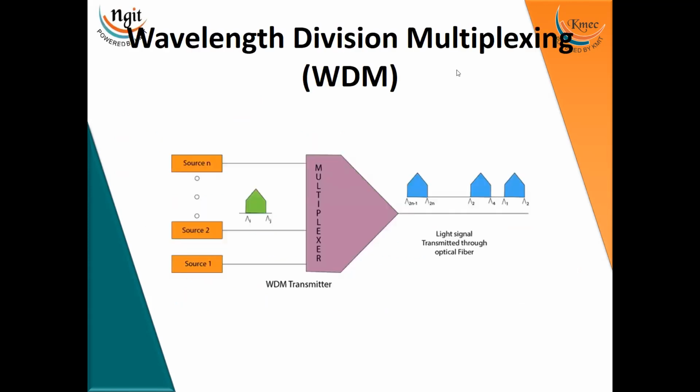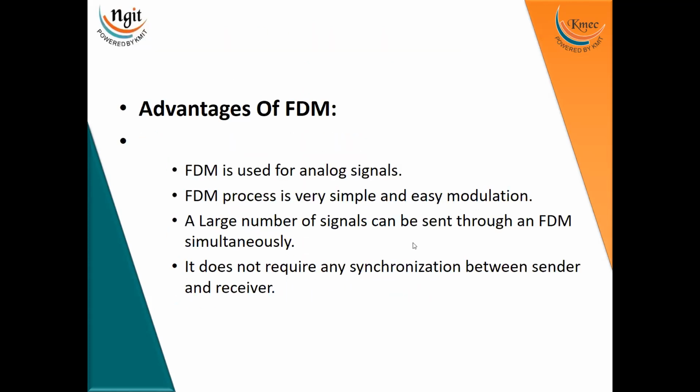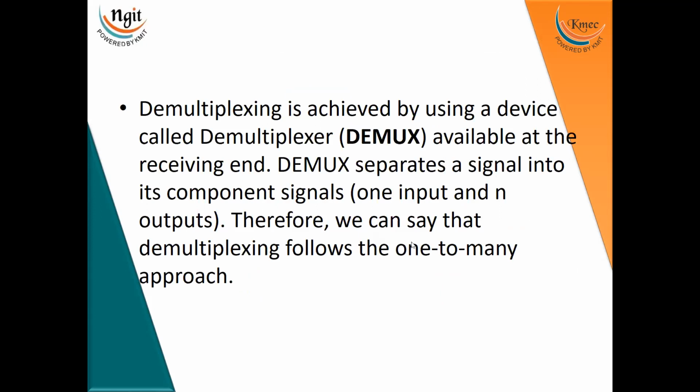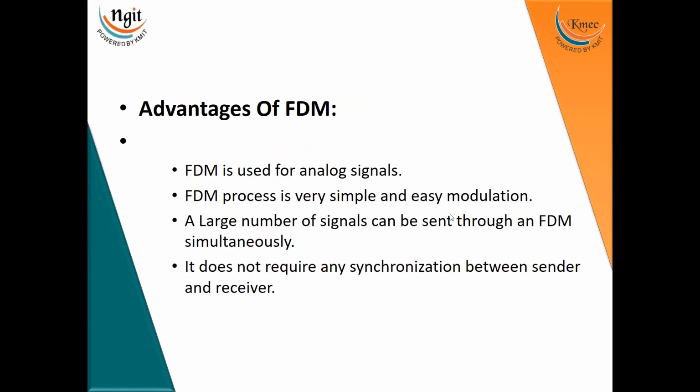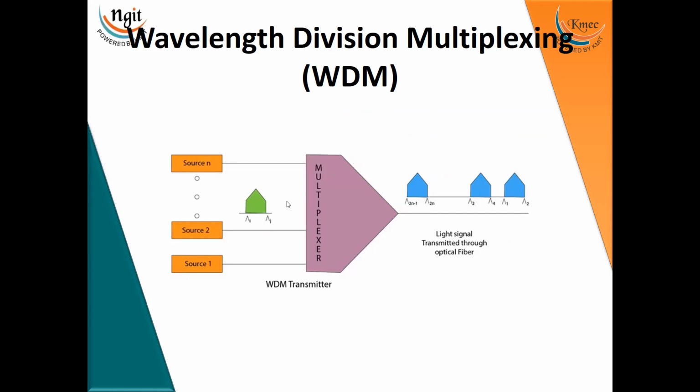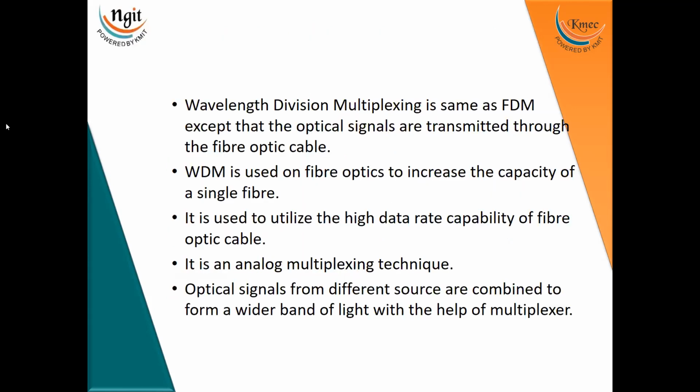The next one is wavelength division multiplexing. As in the previous diagram, we have three different types of multiplexing: frequency division, wavelength division, and time division. Wavelength division multiplexing is the same as frequency division multiplexing, except that optical signals are transmitted.